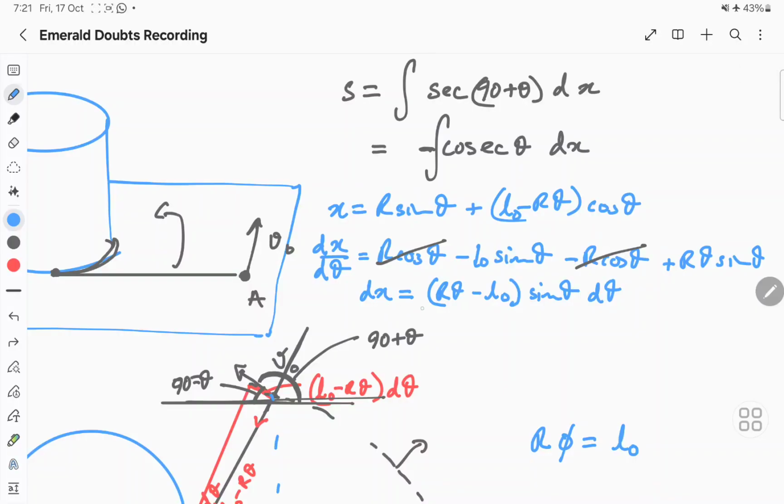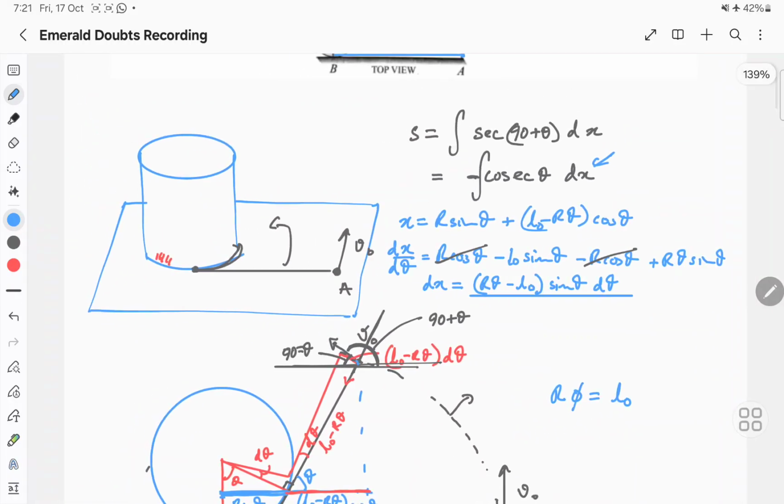Let us just substitute this dx into this. Good for us, everything is coming in theta format, so should be easy to integrate.